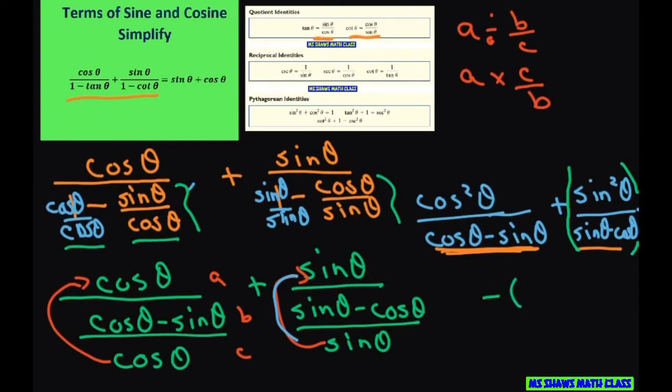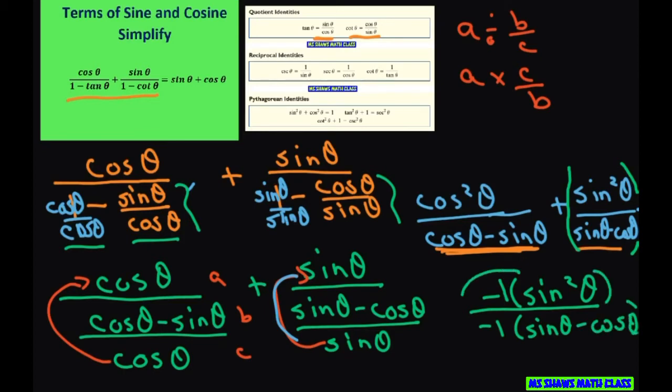I'm going to negate sine squared of theta, or just multiply it by 1, also the denominator. Now I'm going to keep this the same, so that's just going to be negative. But what happens is this changes to cosine theta minus sine.